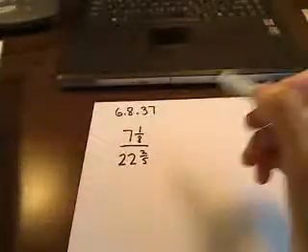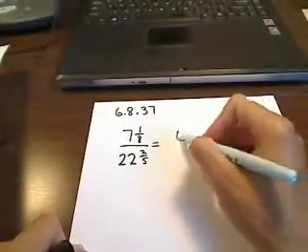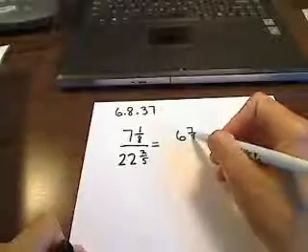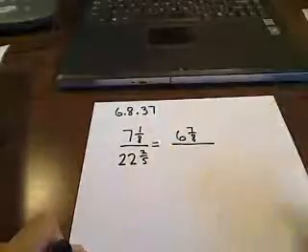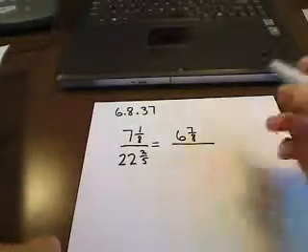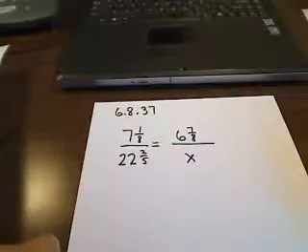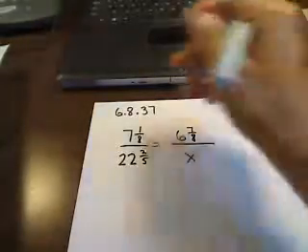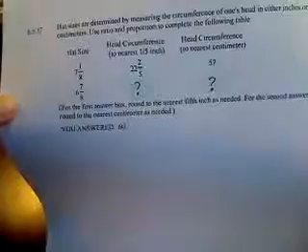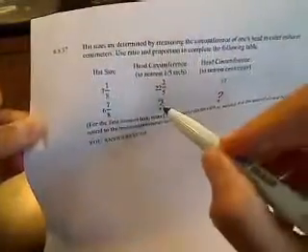That's going to be equal to the 6 7/8 from the next row, and then x is what we're looking for, the circumference in inches.